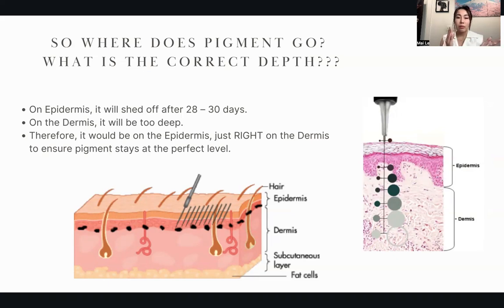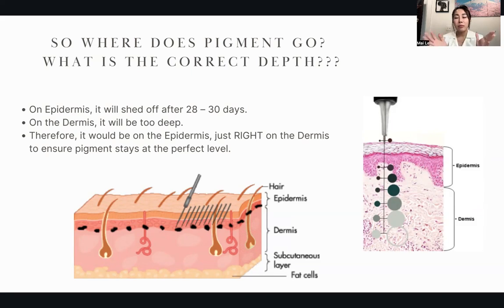And if you're a new artist, it's even harder to gauge how far into the skin your needle needs to go, especially when it's moving like this. It's really hard to know the actual number of the depth.